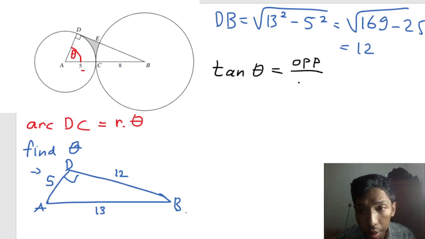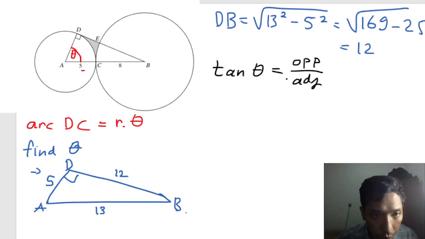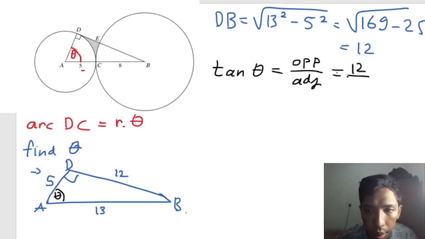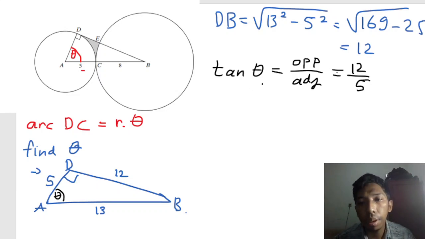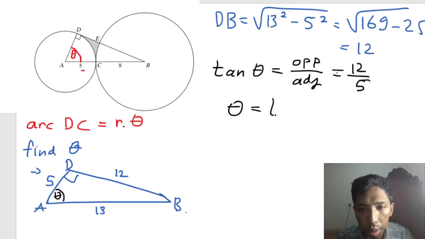It is opposite divided by adjacent. The opposite is 12 and the adjacent is 5. To find the angle, we use tan inverse of 12 divided by 5.